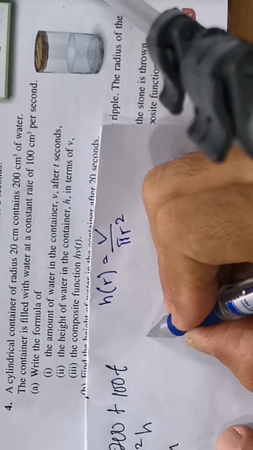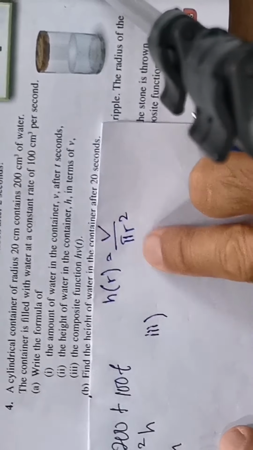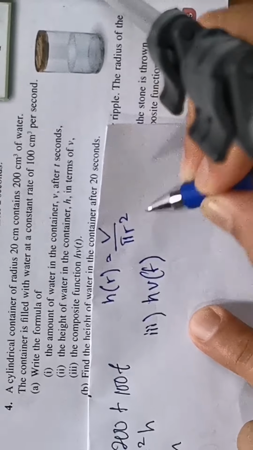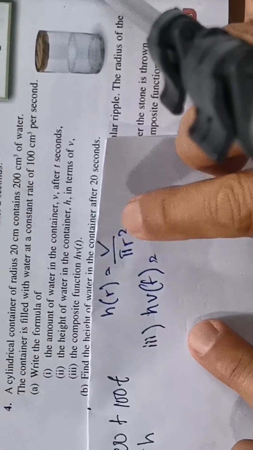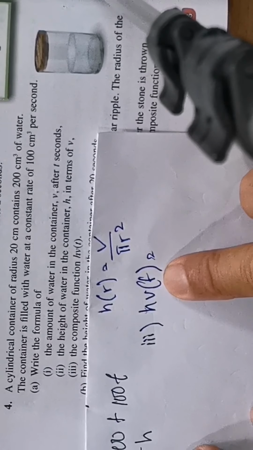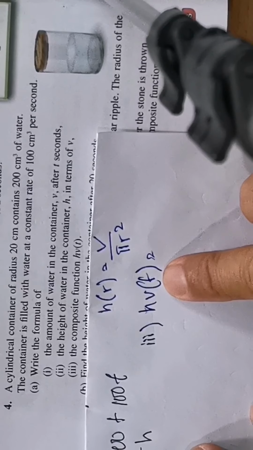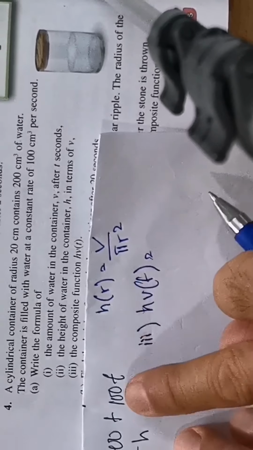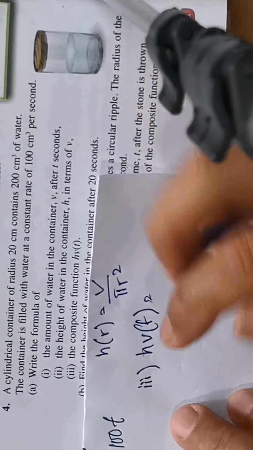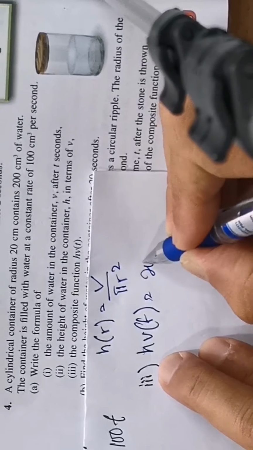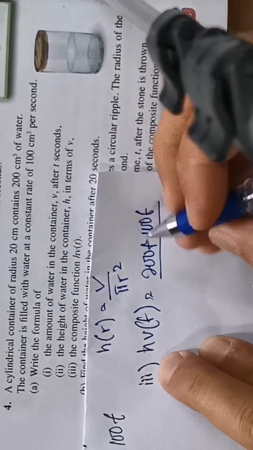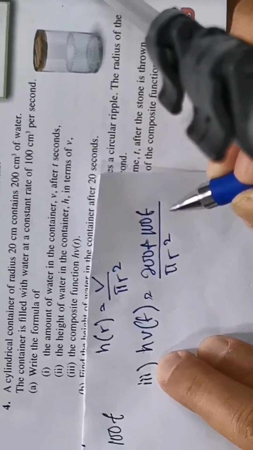So for A3, H(V(t)), you replace V(t) inside H, where V is. So V is replaced with 200 plus 100t over pi r squared.